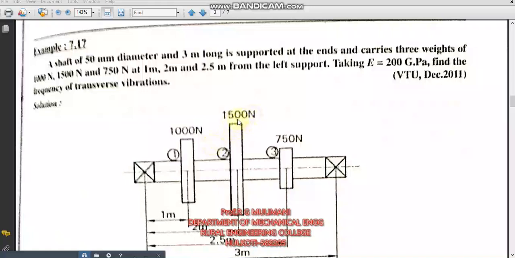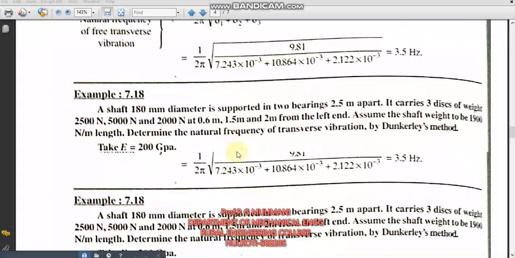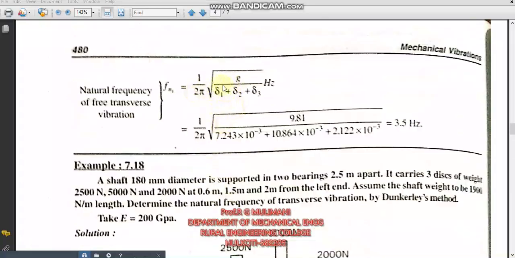Similarly, this weight into A22 gives us delta 2, and 750 into A33, that is the influence coefficient, gives us delta 3. Substituting the values in this equation gives the natural frequency of the system, 1 by 2 pi square root of g divided by delta 1 plus delta 2 plus delta 3. Why 3 deflections? Deflection of mass 1, mass 2, and mass 3.